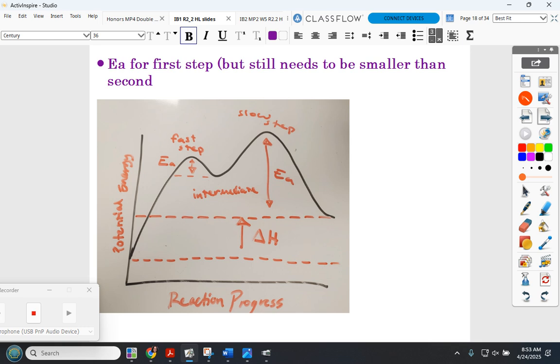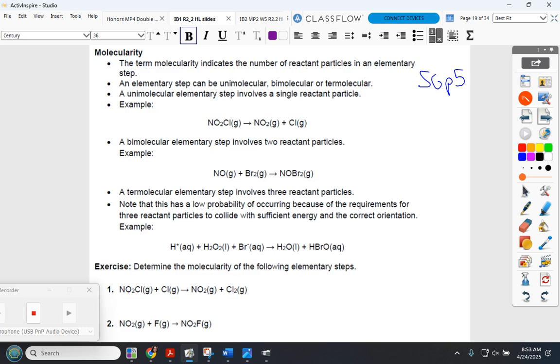The activation energy here, again, needs to be from the reactants, and this one needs to be from the intermediate. So the EAs and the sizes of the humps need to be adjusted. But again, lots of good stuff in here. So again, if you weren't here, make sure you go in and write some comments on those diagrams.